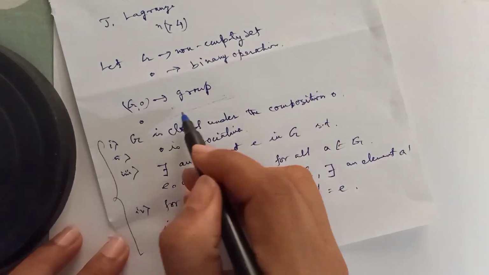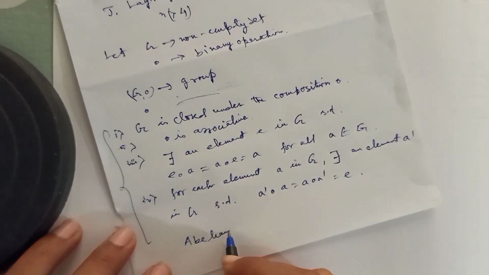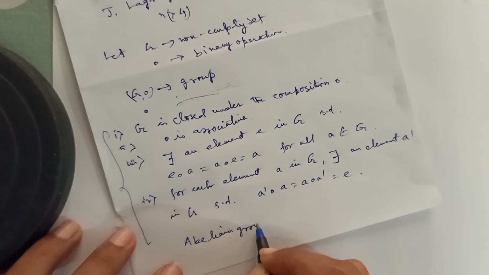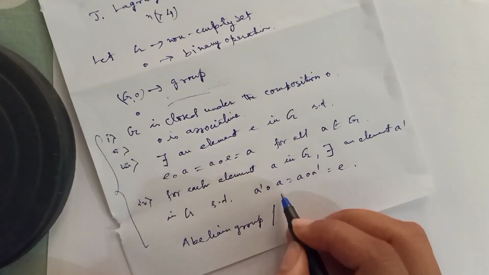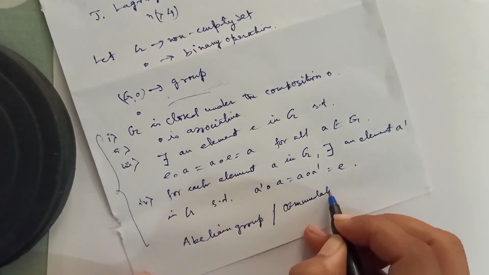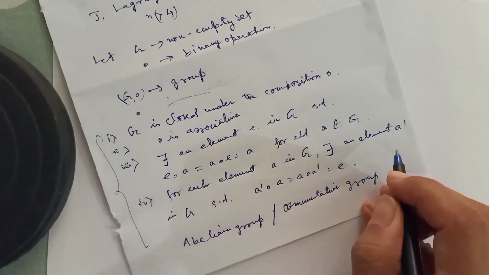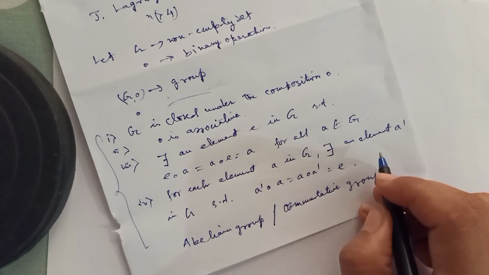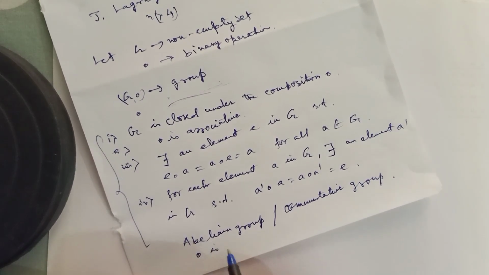Now this group is called an abelian group or commutative group, in honor of Niels Abel, if the binary operation circle dot is commutative.